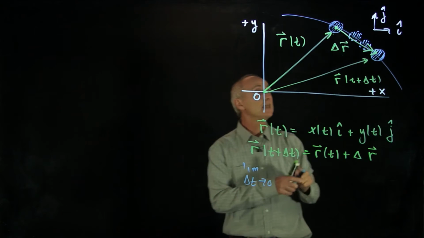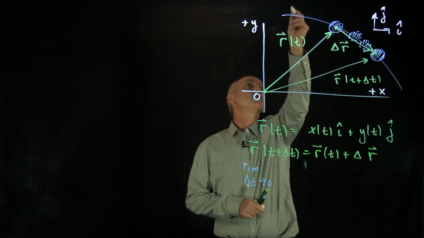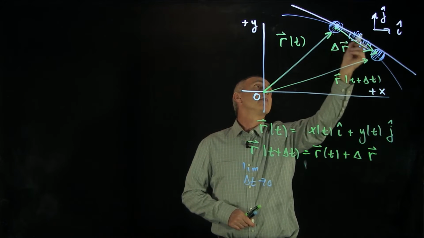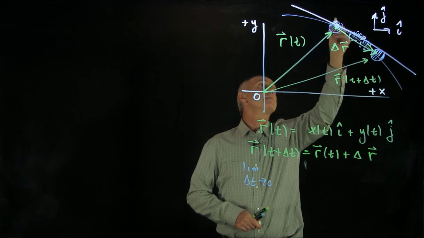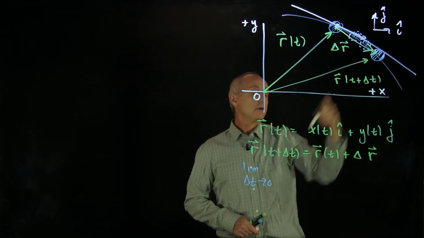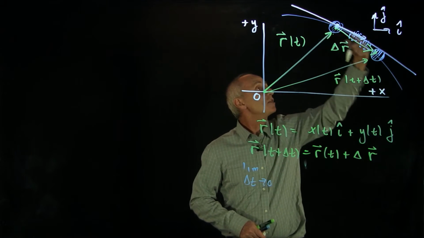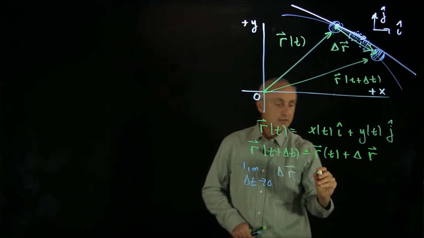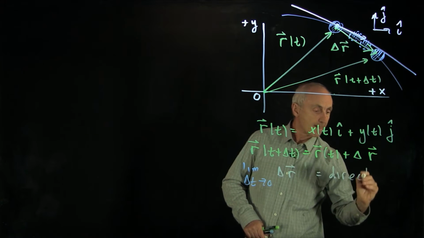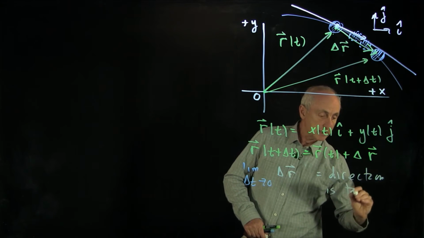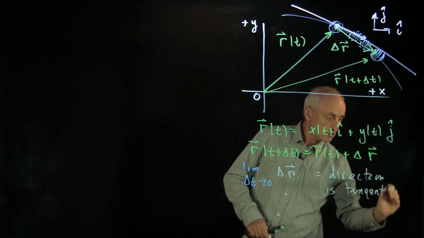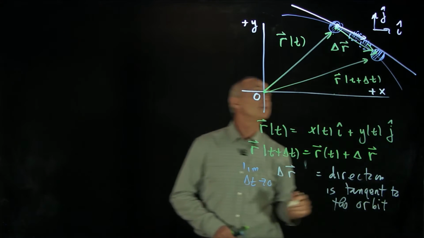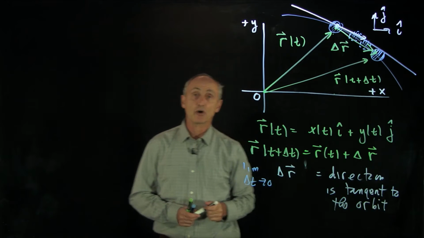The key fact is that if we drew a tangent to the orbit, then the limit of delta r is approaching tangent to the curve. So in the limit, the direction of delta r is tangent to the orbit.